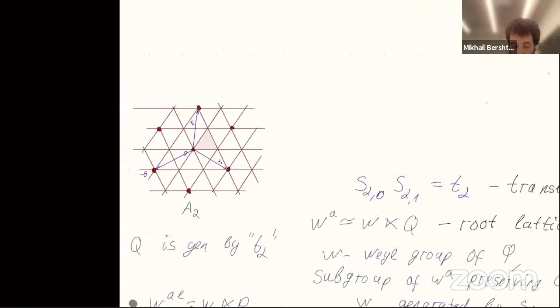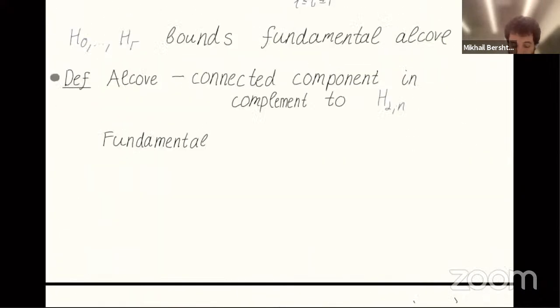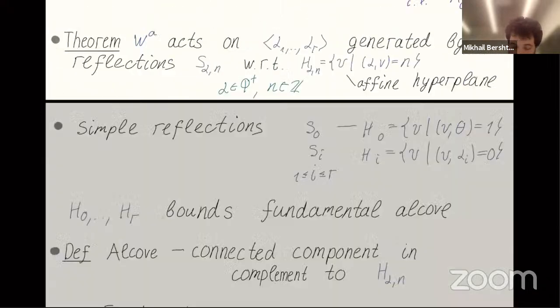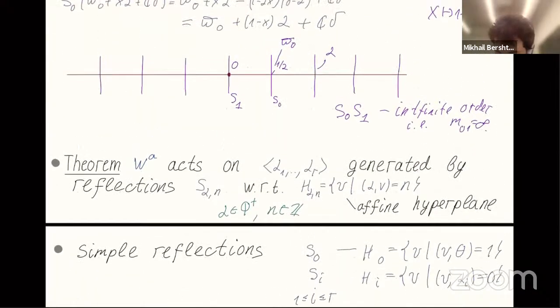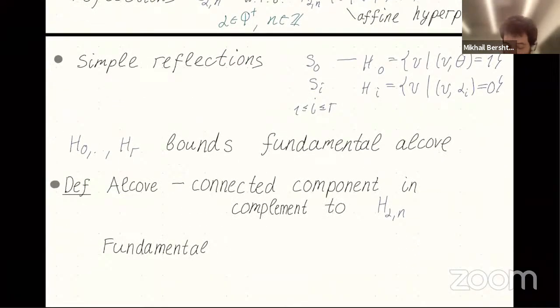Now I come to the definition of the alcove. Alcoves are defined as connected components in this space. In order to talk about components, I need to consider everything over the reals. So I wrote here the words connected component.